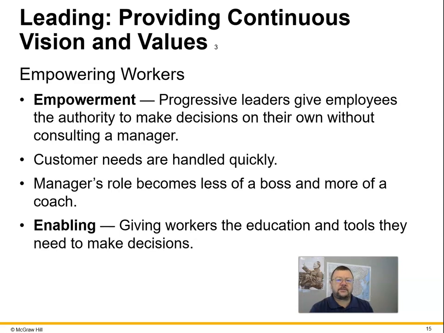Progressive leaders give employees authority to make decisions on their own without consulting a manager. Again, the person on the ground knows what needs to be done more than anybody else. So empowering and enabling workers is part of a progressive view of leadership in certain situations.